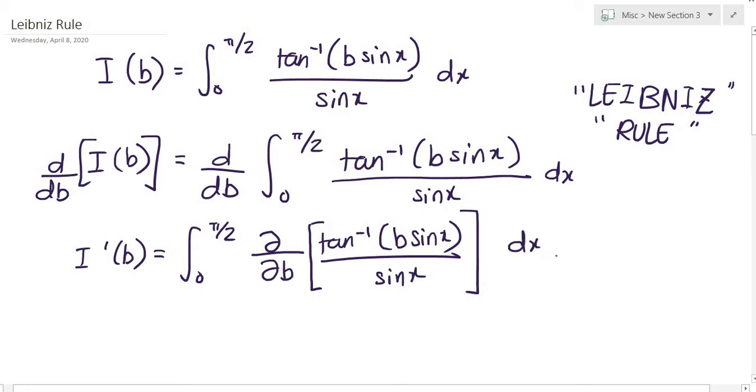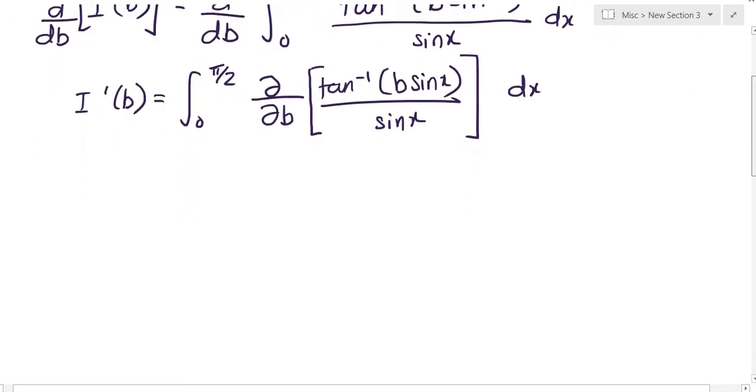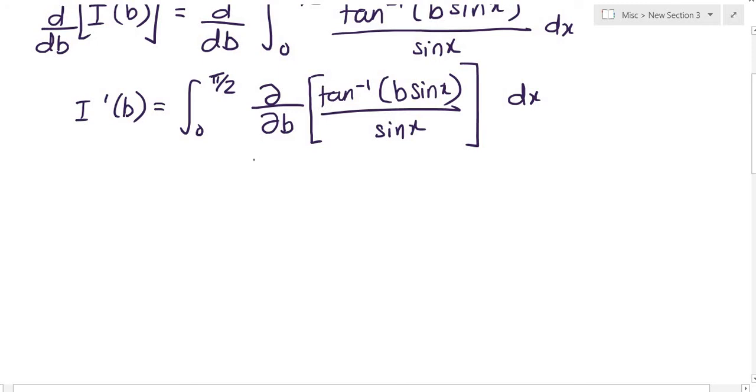Now in other cases where, say, our upper and lower bounds were functions of b somehow, functions of our variable of differentiation, we would have to add certain other values, but since pi over 2 and 0 are constants, all those other values that we are supposed to add basically become 0.